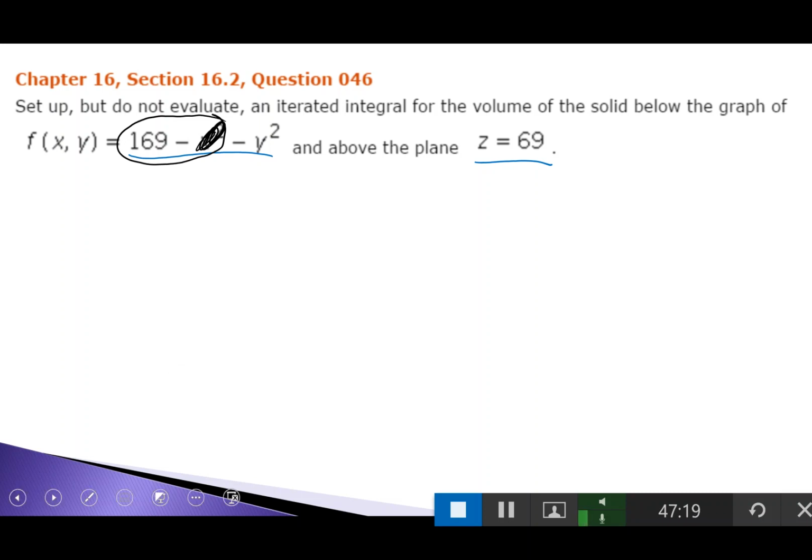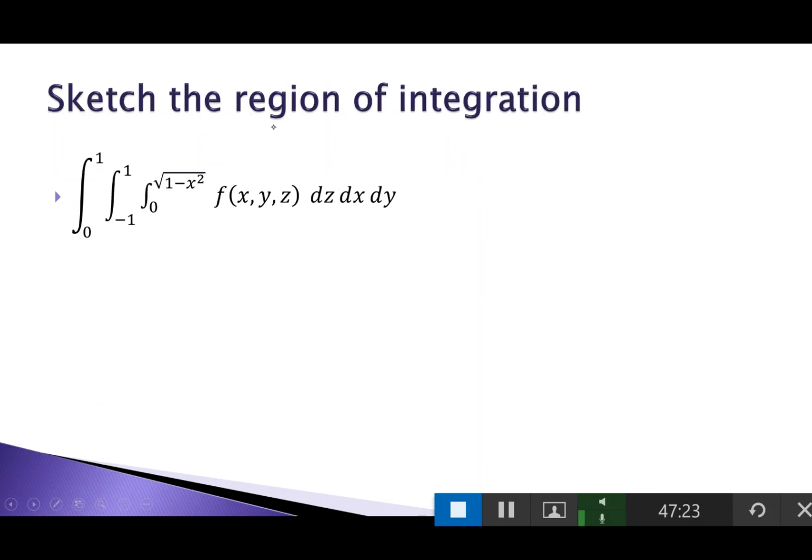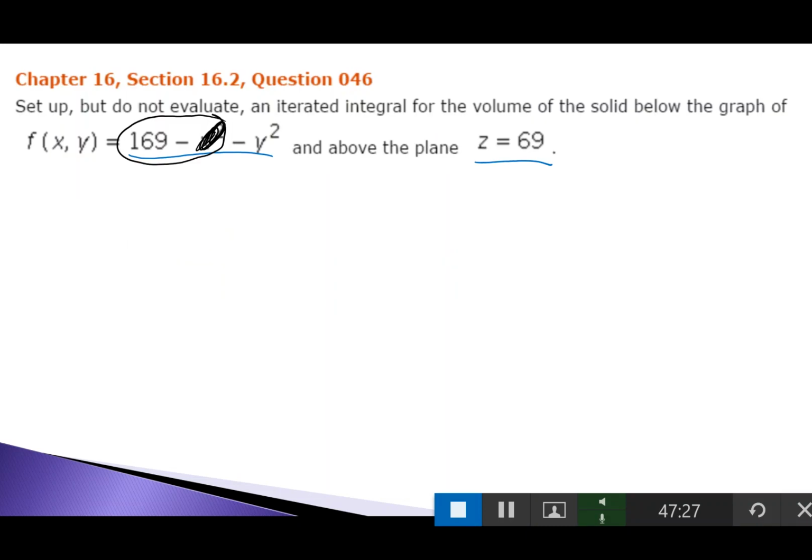From the top, it looks like circles. So this is an upside down paraboloid. Looks like that.